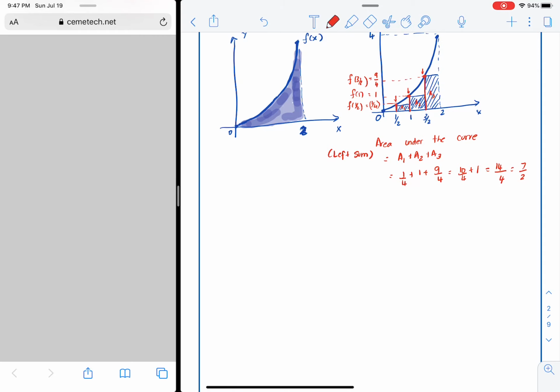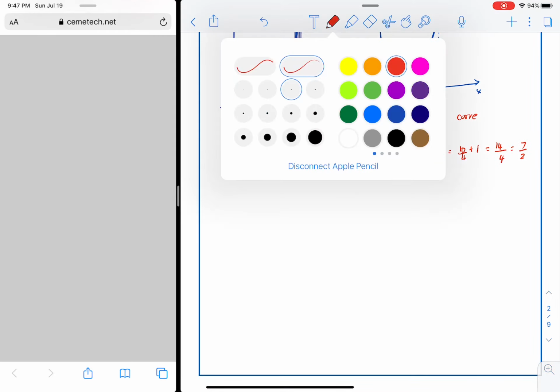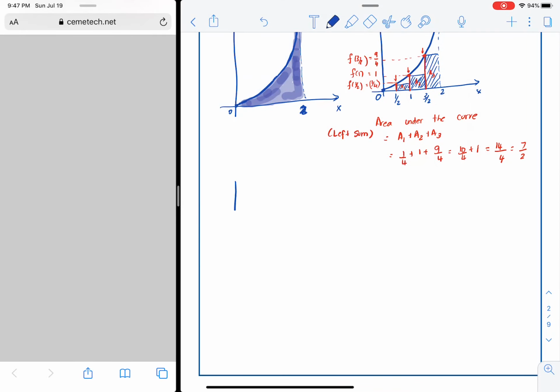Now, the other area is obtained by evaluating the right sum.